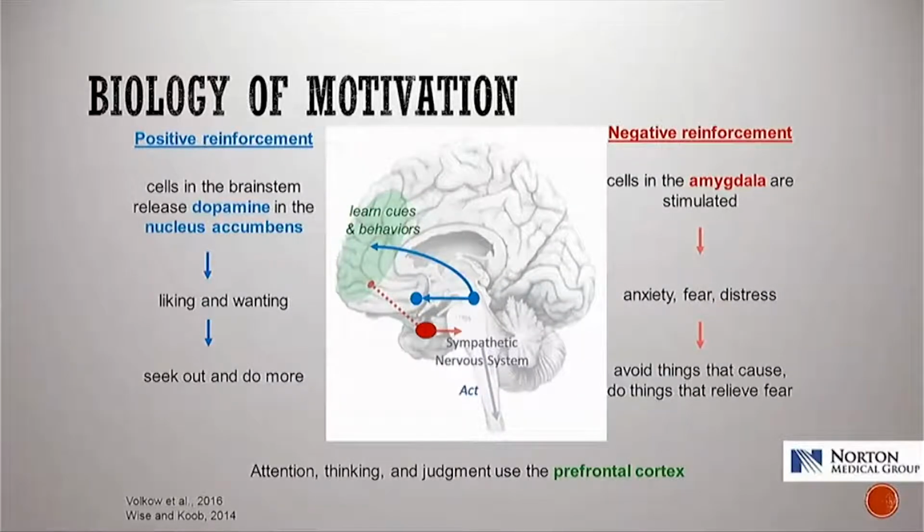One of the major consequences of that is that it causes a dissociation from the prefrontal cortex, which is about attention, thinking, and judgment. This is the much more mature part of the brain that keeps people from doing things that may harm them. It's about control. It's about negative consequences. It's all of those things.